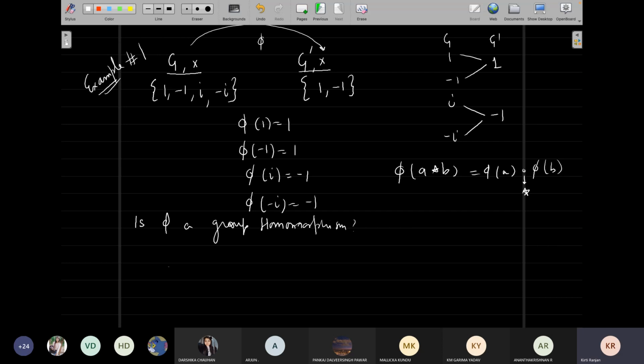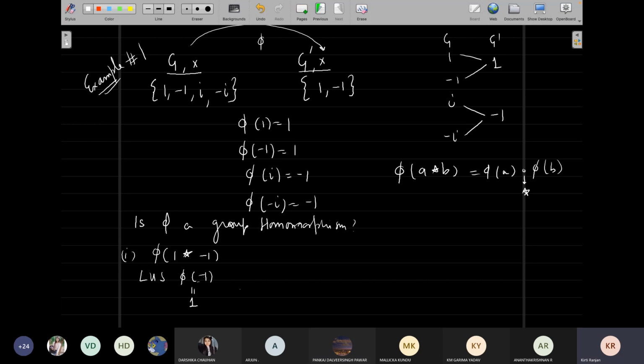First, what do we have to do? Phi of 1 star minus 1, first possibility. What is phi of 1 star minus 1? This will be phi of minus 1, because 1 star minus 1 is equal to minus 1. And what is phi of minus 1 in this map? 1.